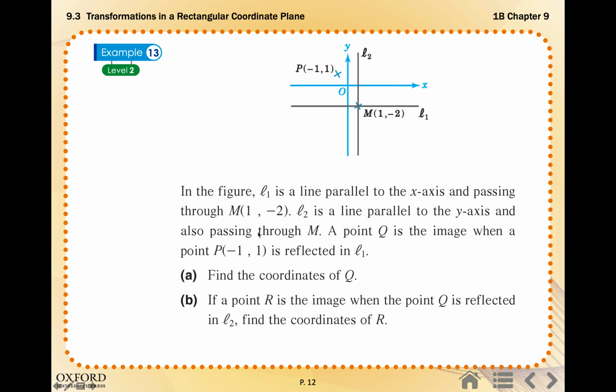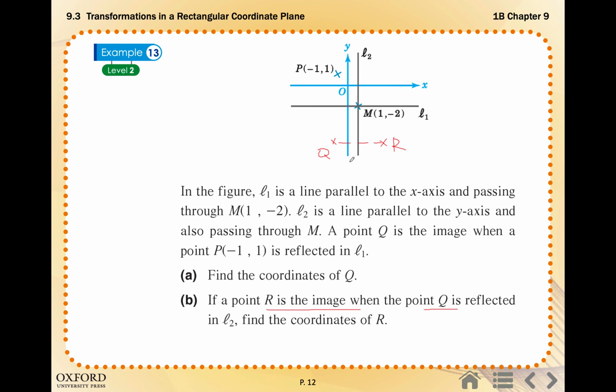For part B, after you get the coordinates of Q, the point Q should be here. And now R is the image when point Q is reflected in L2. So here should be the point R because it is reflected in L2.